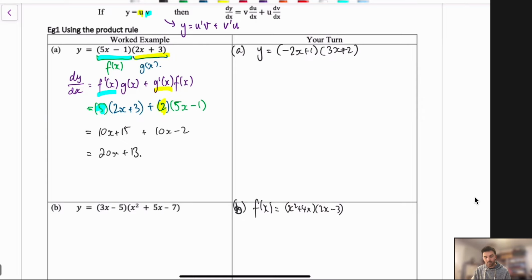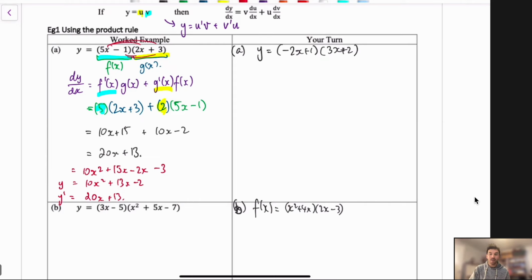Now what you can do to confirm your work is you can expand this and see if it does make the same thing. 10x squared plus 15x take 2x take 3. We've got 10x squared plus 13x take 2. And let's differentiate, it becomes 20x plus 13.